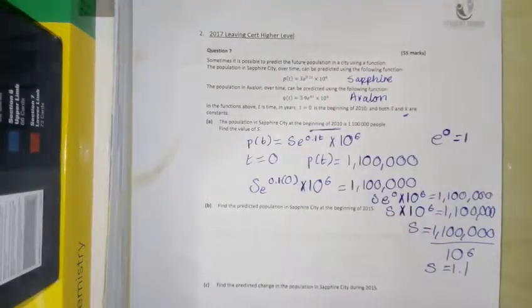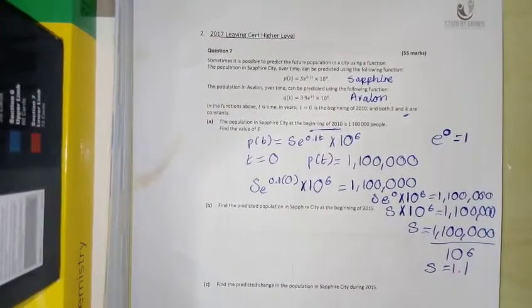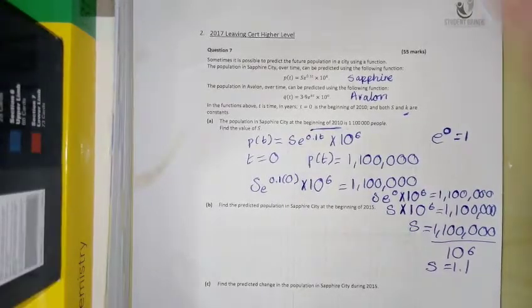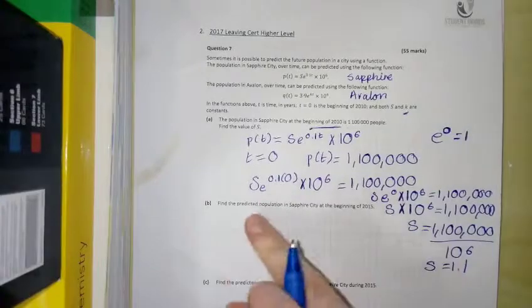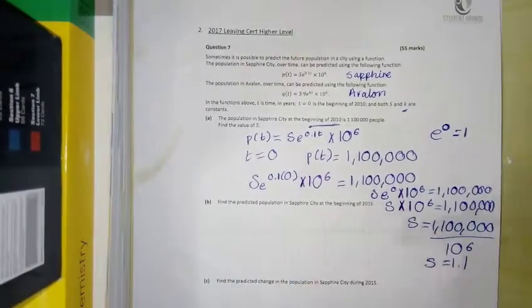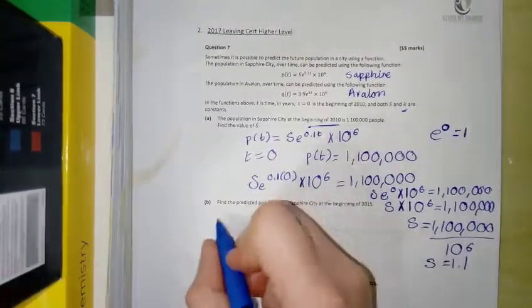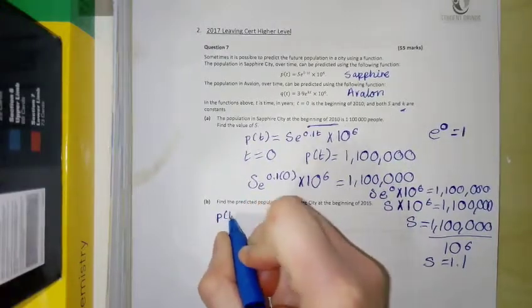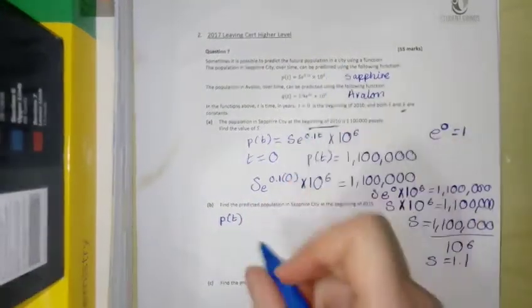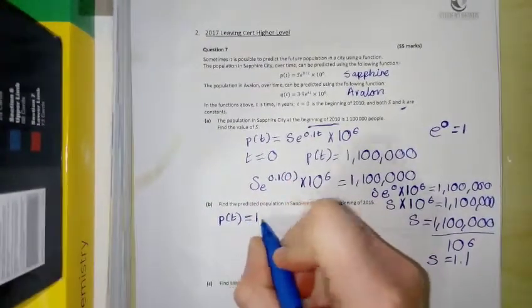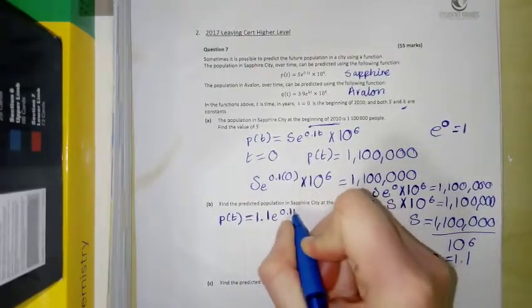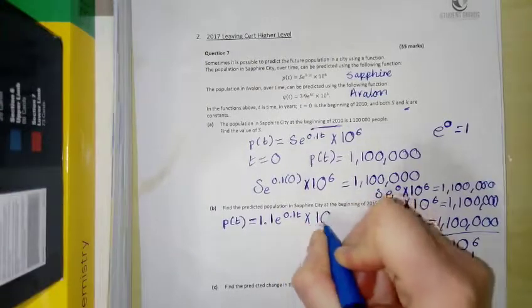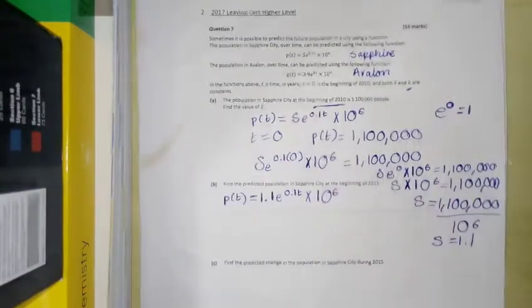So that's the value for S, and because S is a constant, it's going to be 1.1 in all our values. Now for the next one, we want to find the predicted population at the beginning of 2015. Now that we know S, we can fill in S is 1.1: 1.1 e to the 0.1 T, times 10 to the power of 6.